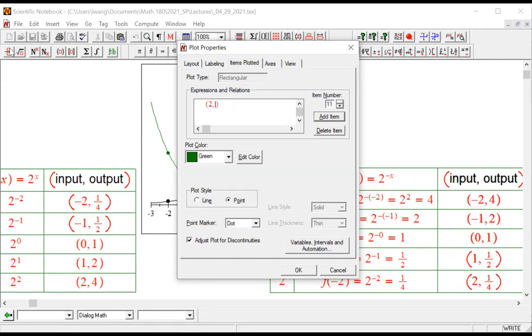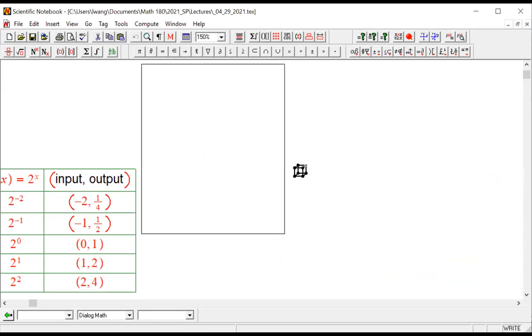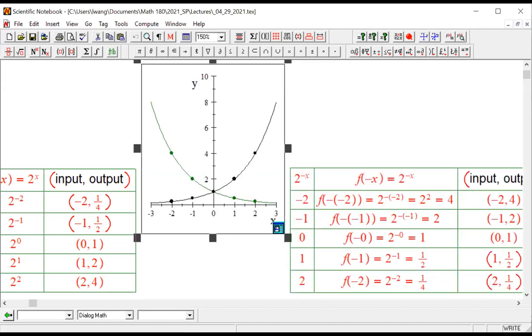Two quarter. There. Okay, are you ready to mark it with me? And this green dot is what? 2, 1/4, which is reflected from here over there, right?